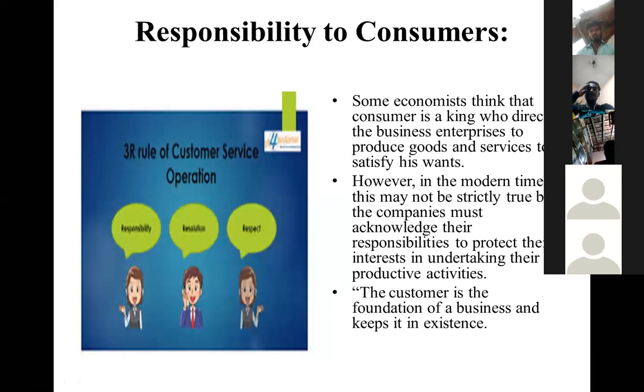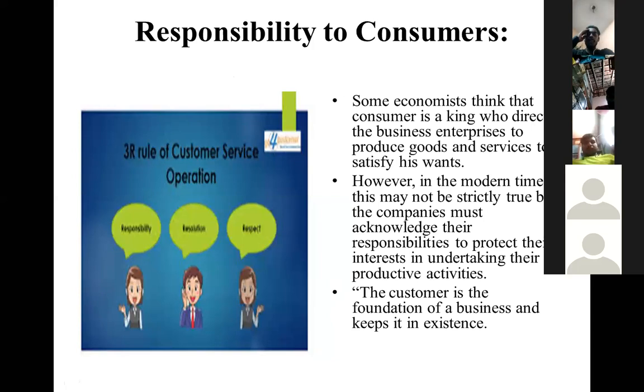Some economists think that the consumer is king. Obviously, that is a right statement, right? Because of the consumer only, the business will flourish, because they are the main foundation of a business. But in the modern time, it is not like that. Many people think that it is strictly not true.